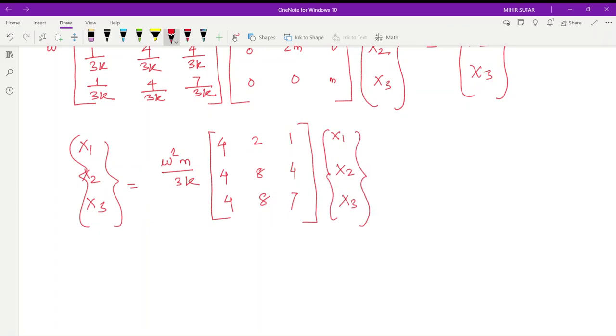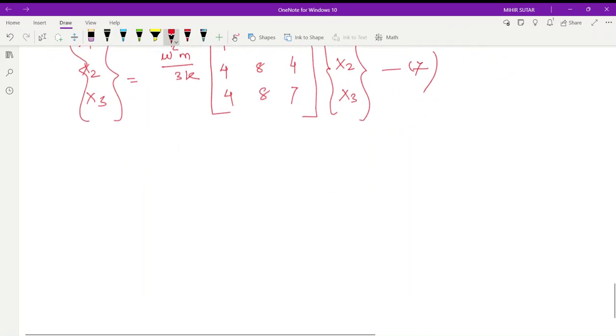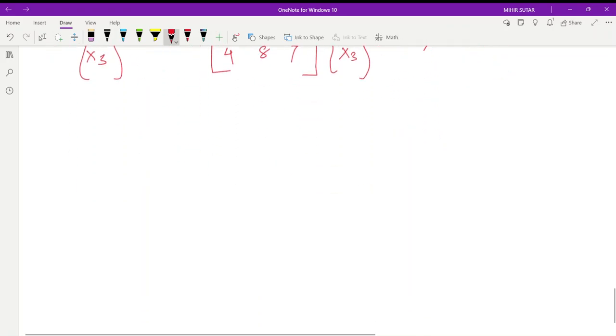Okay, equation 7. So here we will start the iterative process now.